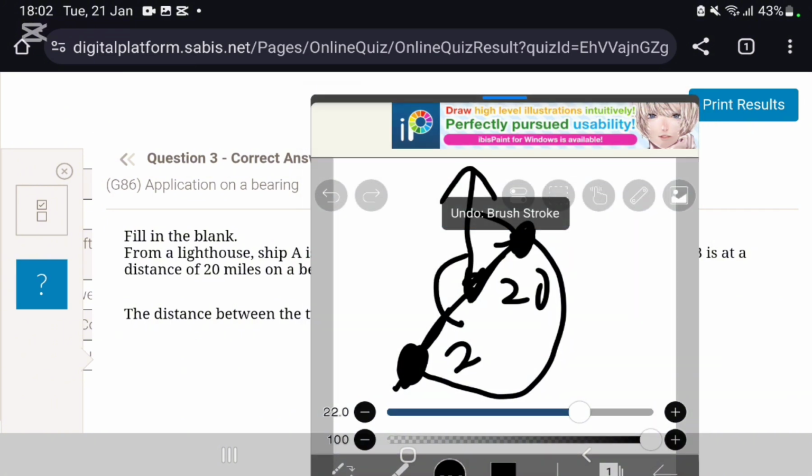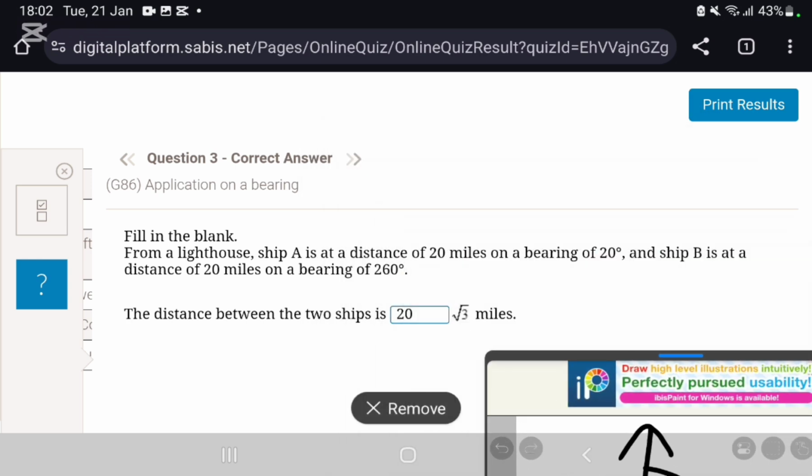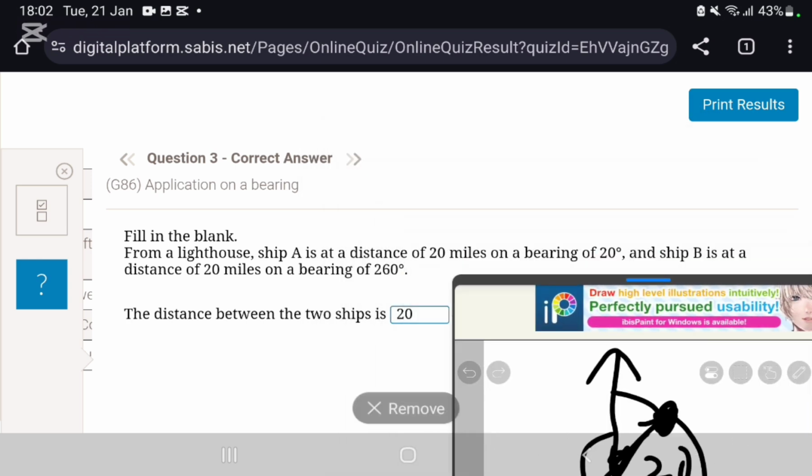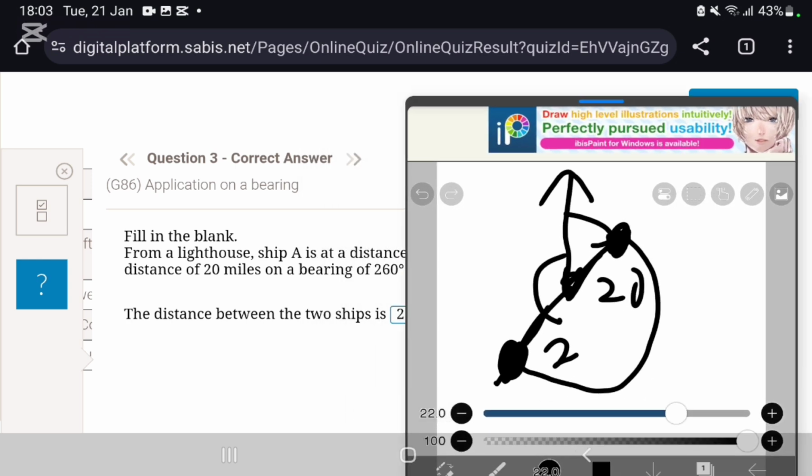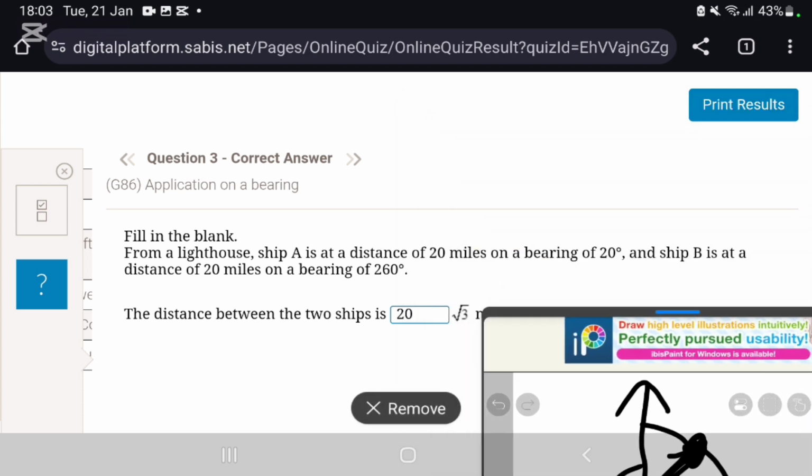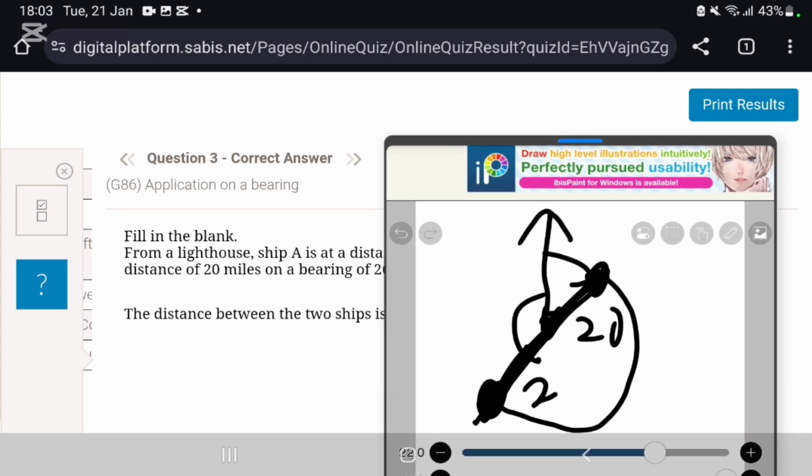So to find the distance between the ships, which is this, all we have to do is the cosine rule.